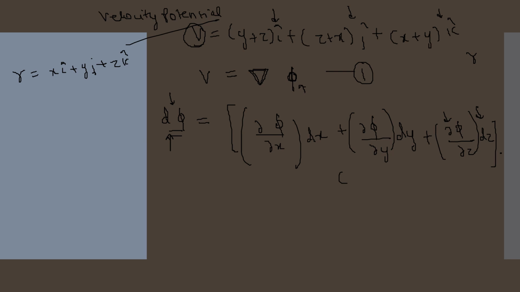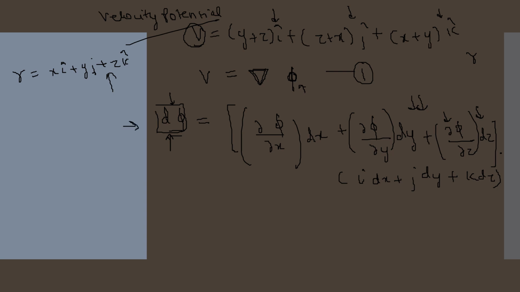So the divergence will be the dot product. This is your function phi, and this is the gradient. Now, if you consider this r, what will be dr? Because I am having d phi here, I need to write dr, not only r. So I will write i dx, j dy and k dz. Is it fine? This is complex.